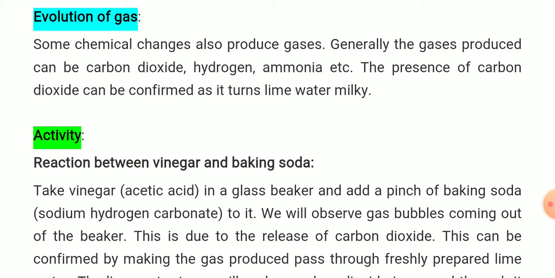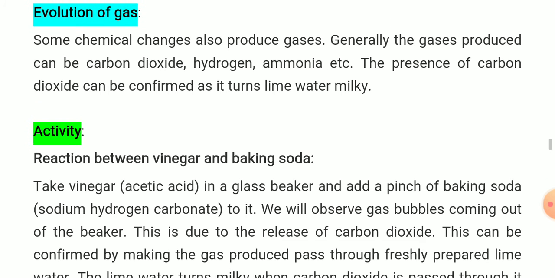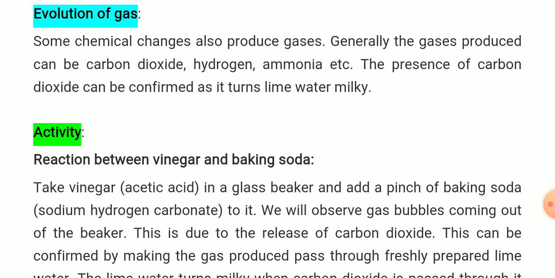Generally, the gases produced can be carbon dioxide, hydrogen, ammonia, etc. The presence of carbon dioxide gas can be confirmed as it turns lime water milky. How do you confirm whether a gas is carbon dioxide or another gas? You have to pass the gas through lime water. If the lime water becomes milky, then you confirm that the gas produced is carbon dioxide gas.